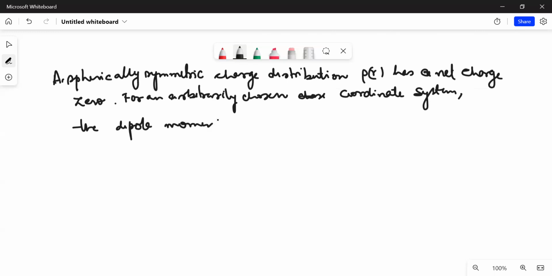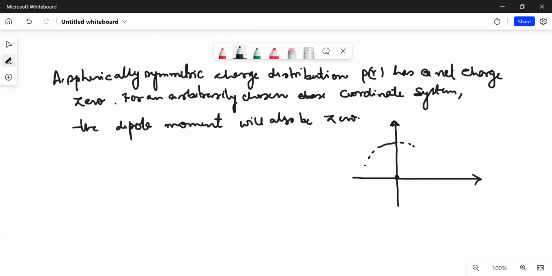Why will the dipole moment also be zero? Because the net charge is zero. If the net charge is zero, the dipole moment becomes independent of origin.